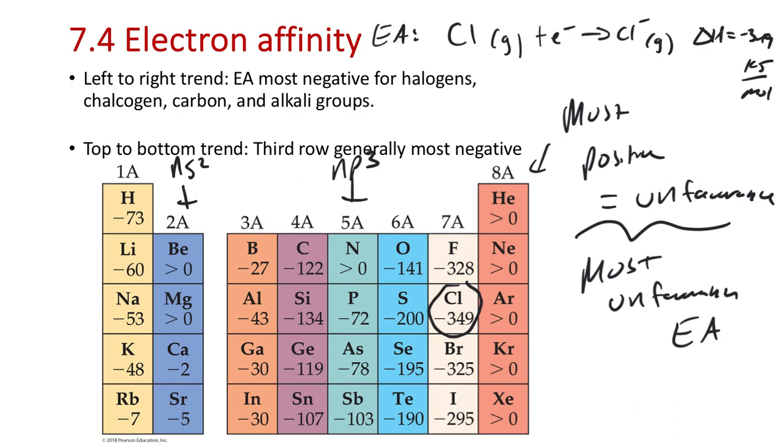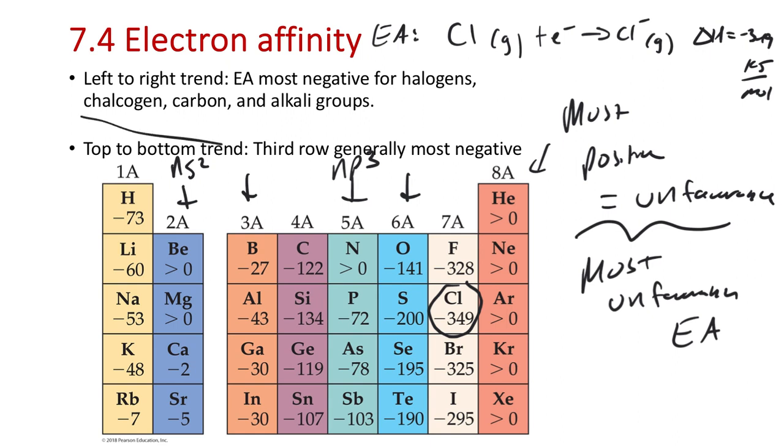And the ns2 group is high because you have to put the electron into a larger subshell, an np1, a bigger orbital which is further from the nucleus. So we have the same anomalies in the ns2 group and the np3 group, just like our ionization energies had the anomaly here. It's the same basic reason for the anomaly.